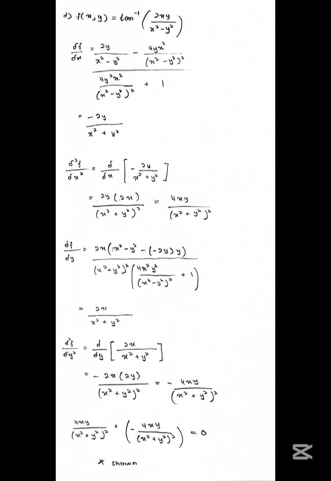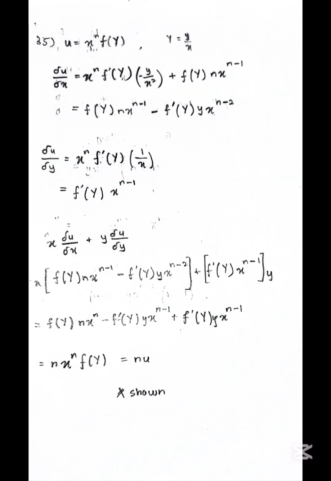So it is satisfied. For question 35, we need to prove that if u equals x to the power of n times f(Y), where Y is equal to y over x and f is an arbitrary function, then x del u over del x plus y del u over del y is equal to nu.